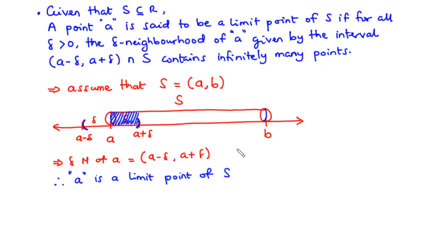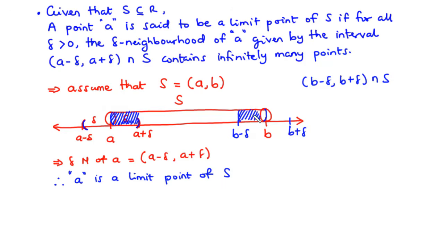B is said to be a limit point of S because if you should find the delta neighborhood of B, which is given by the interval B minus delta, B plus delta, you realize that the interval B minus delta, B plus delta intersection S contains infinitely many points.